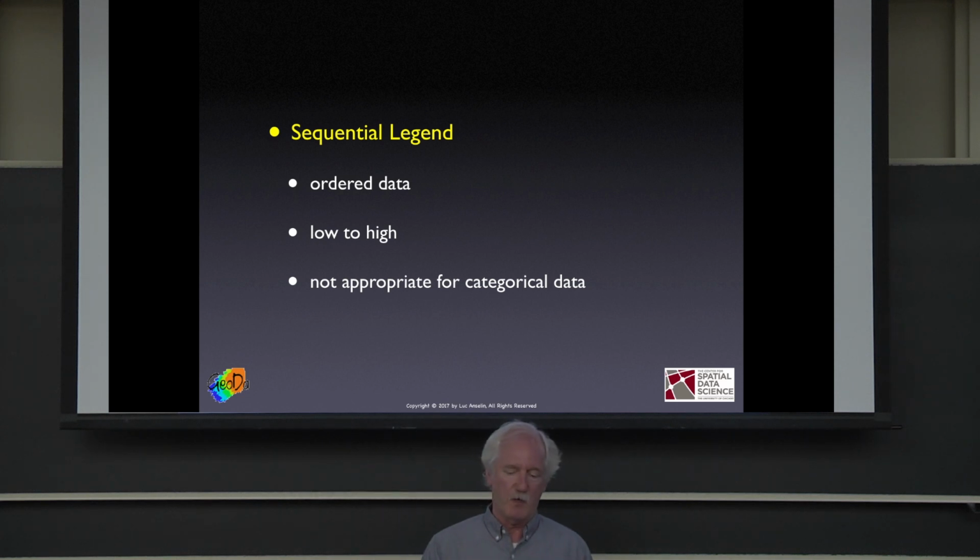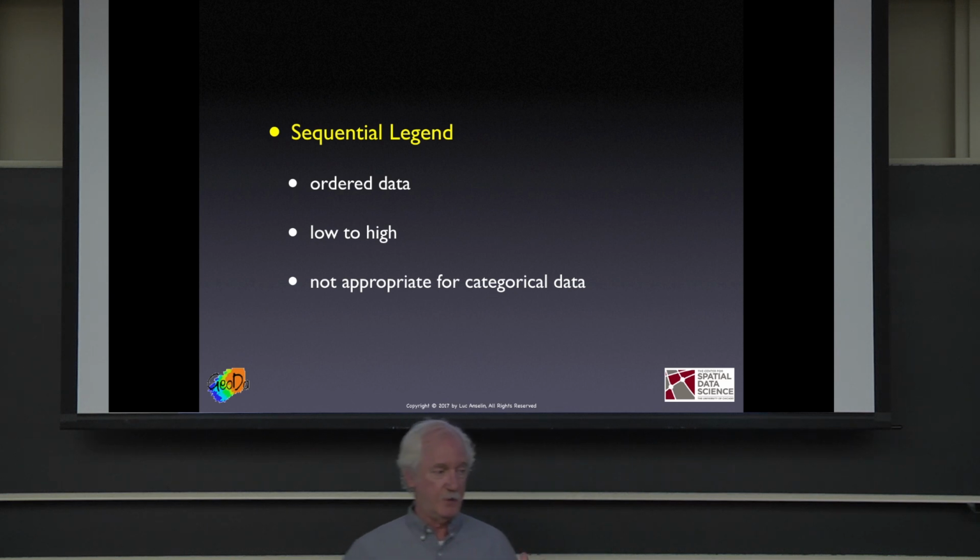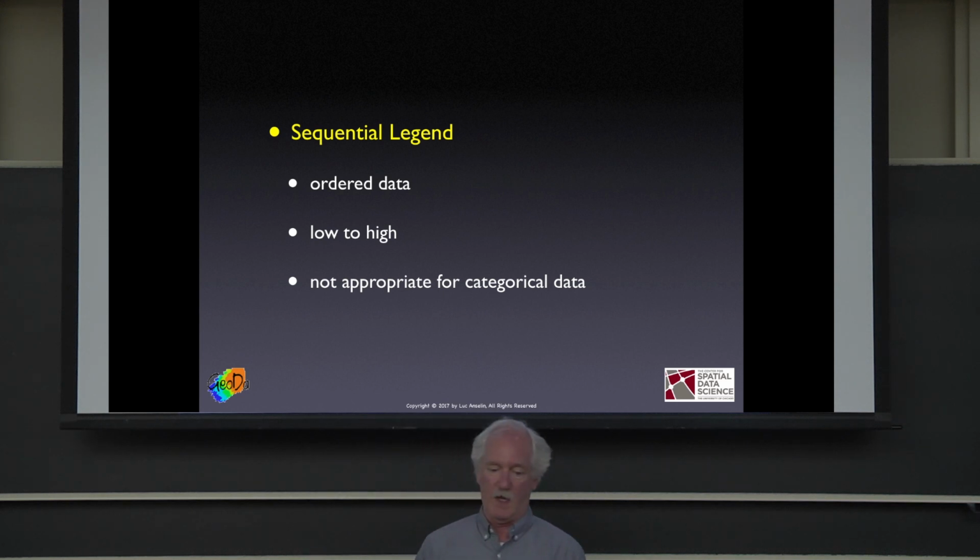The first one is called a sequential legend. There is a natural ordering of the data from low to high: low crime to high crime, low income to high income, right? This is not appropriate for categories. Voting Democrat, voting Republican, there's no ordering in here. These are categories, so do not use a sequential legend for that.